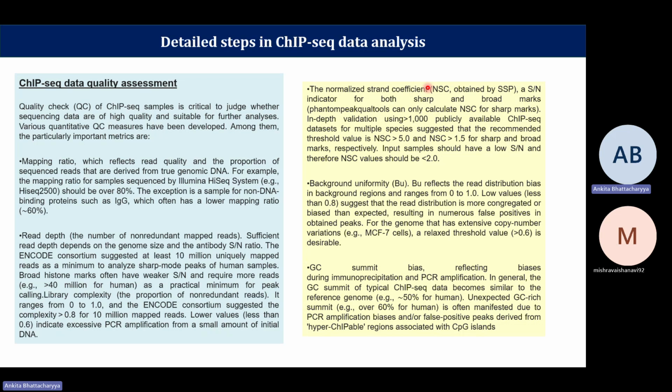Input sample should have very low signal to noise ratio, and therefore NSC value should be less than 2.0. So basically, you do not have to remember all of this information, but you should get an idea whenever you wish to do ChIP-seq data analysis, what sort of parameters you should keep in mind.